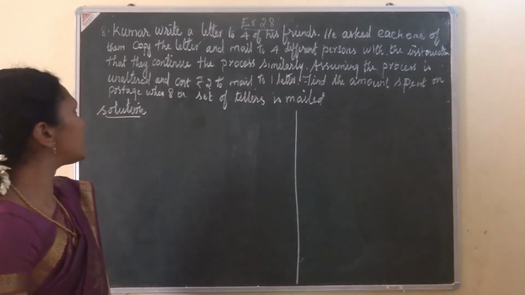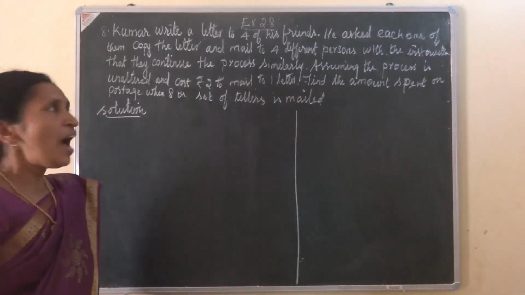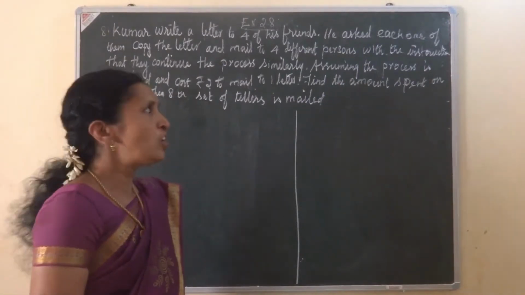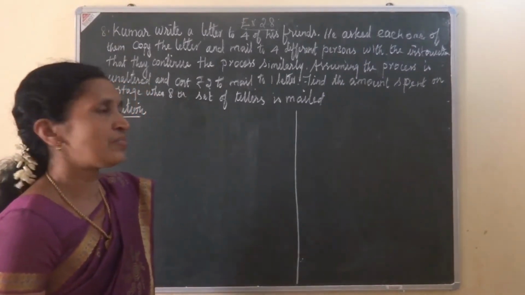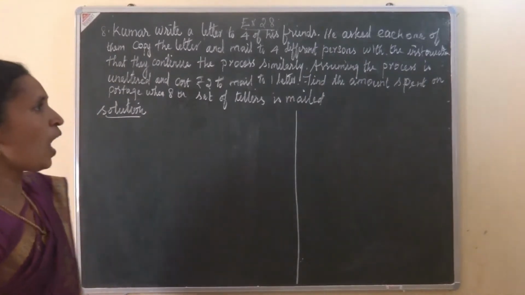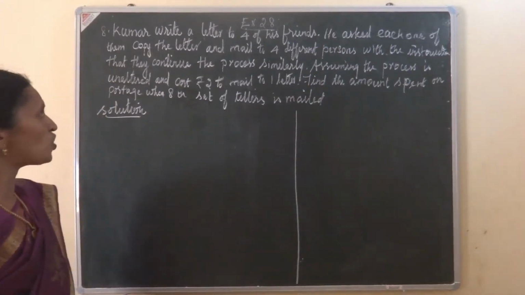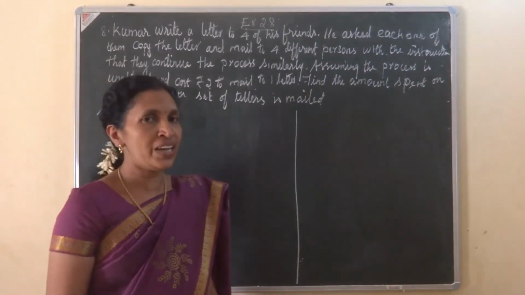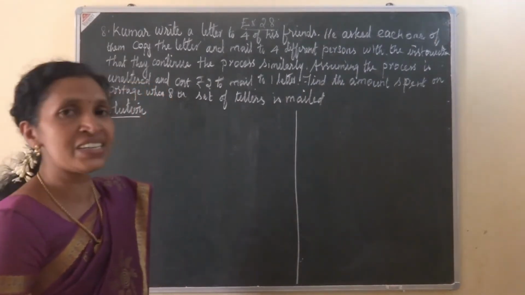Assuming the process is unaltered and it costs rupees 2 to mail one letter, find the amount spent on postage when the 8th set of letters is mailed.